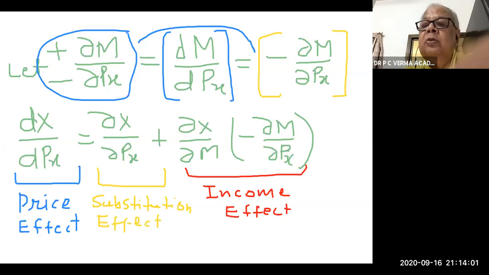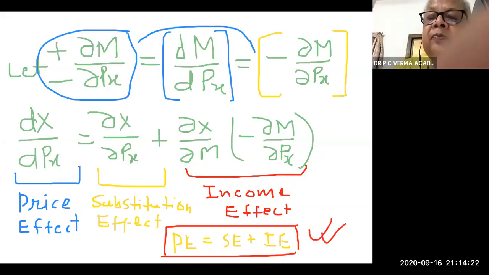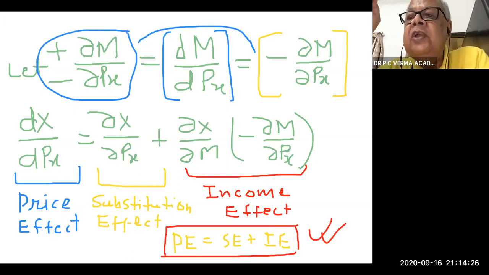So it is proved that price effect is equal to substitution effect plus income effect.